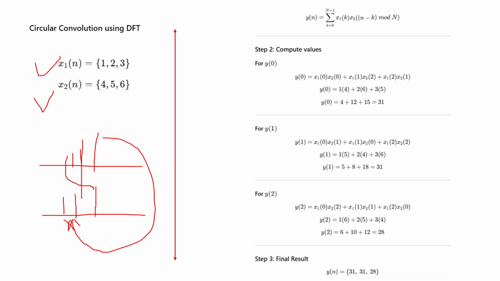So for y0, this is x1(0) and this is x2(0), then x1(1) and x2(2), and then x1(2) and x2(1). That is y0. Once you get y0, similarly you can get the value of y1: x1(0) and x2(1), x1(1) and x2(0), and so on. So you can get the values, and finally you will get the value of the circular convolution.